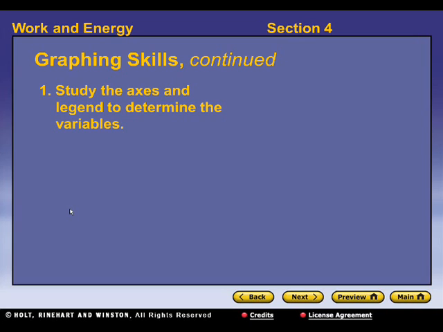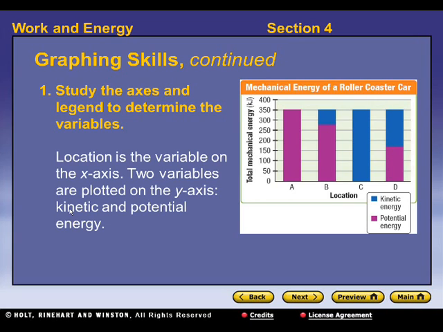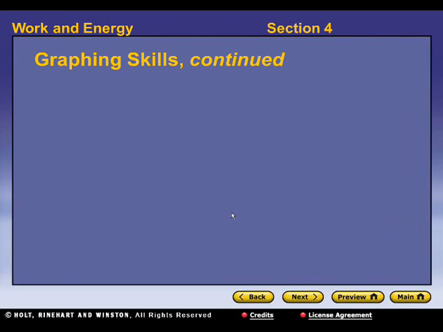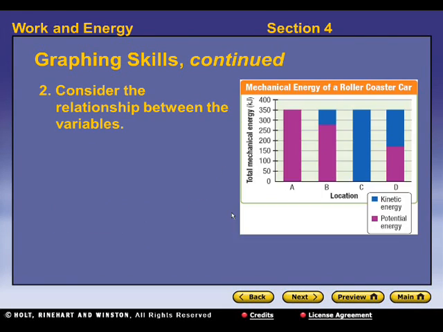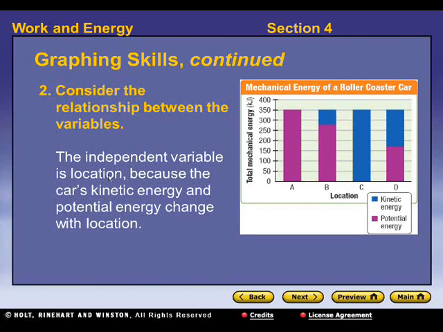So moving on here, study the axes and legend to determine the variables. The location is the variable on the x-axis. Two variables are plotted on the y-axis, kinetic and potential energy. So we've kind of already done that. For the relationship between the variables, the independent variable is location.